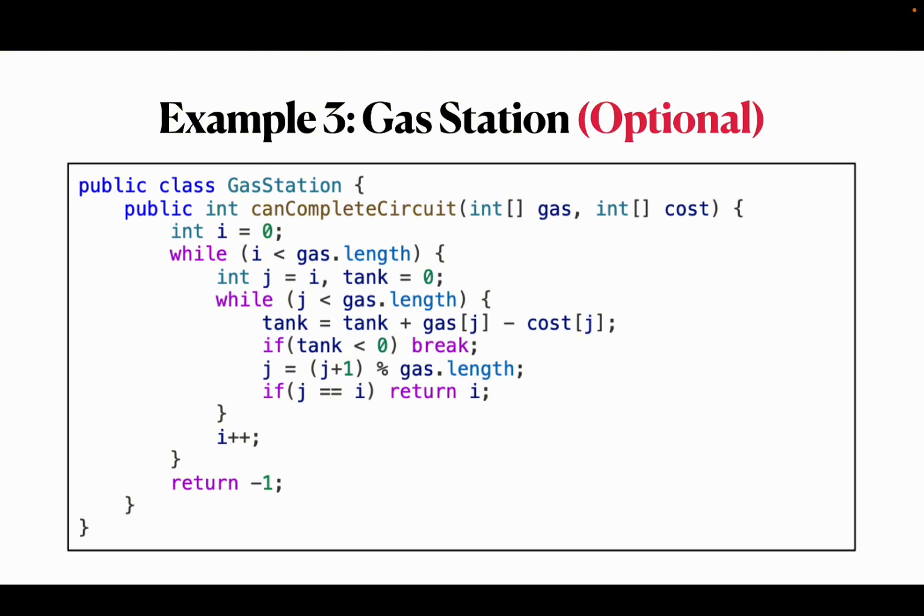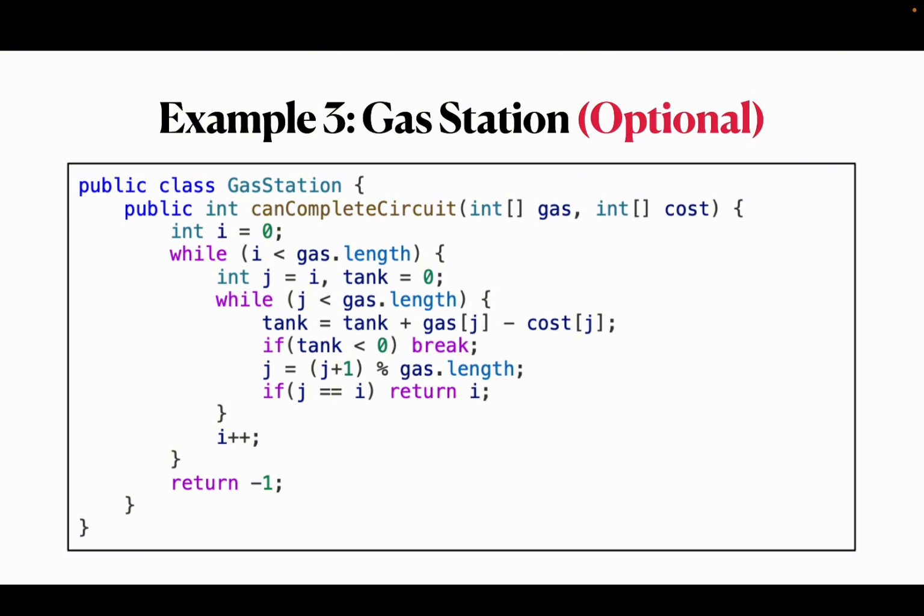At each position, we examine whether we can travel around the circuit route. At each position, we update the tank as the previous tank level plus gas[j] minus cost[j]. If we realize that tank is smaller than 0, that means we don't have gas to travel back to the origin, then we can just break.